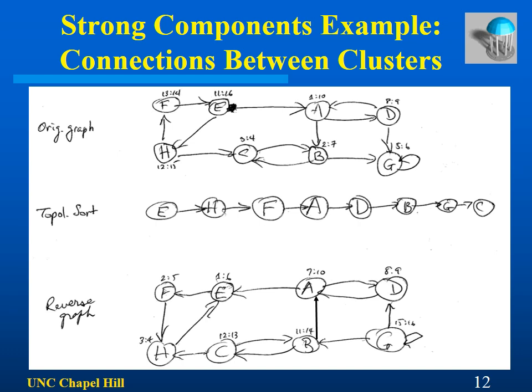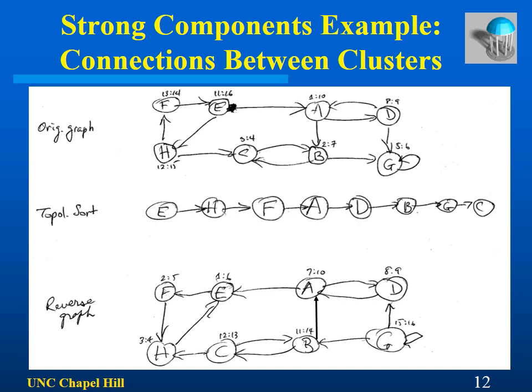If we look at the arc from A to B, again, when we were doing B to G, we never followed the arc from B to A in the reverse graph. And so this A to B arc is identified as connecting the AD cluster to the BC cluster.